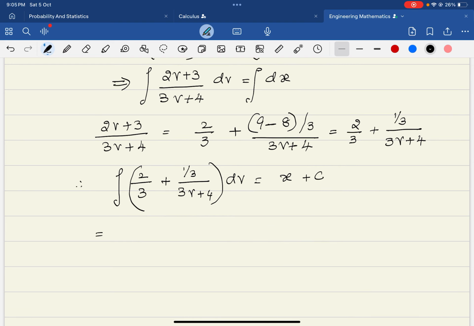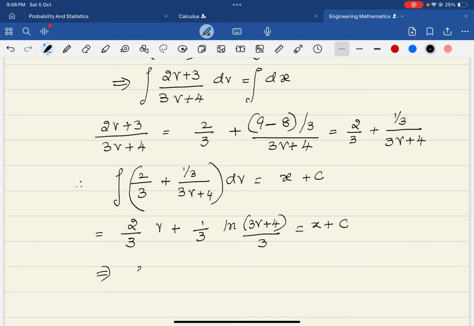Now it is easy for us to solve the integral. So 2 by 3 comes out, integral dv is v, plus 1 by 3 comes out, integral 1 over 3v plus 4 is ln of 3v plus 4 over 3, is equal to x plus c.